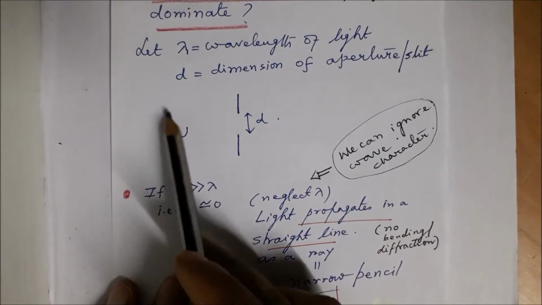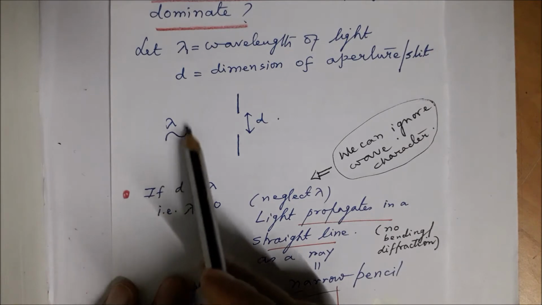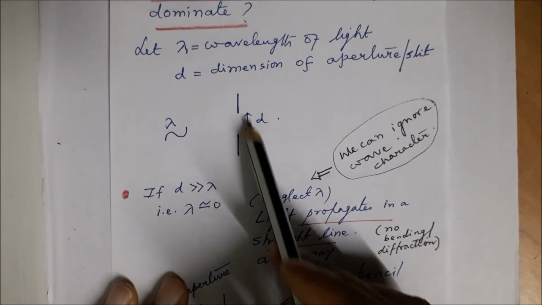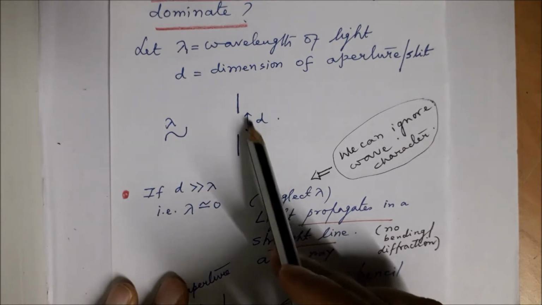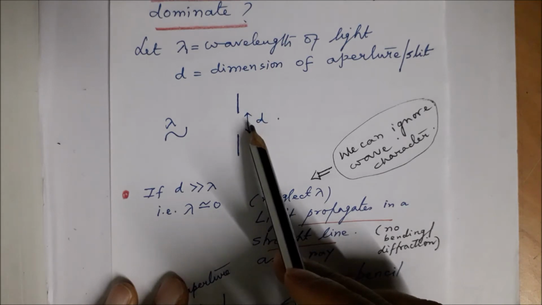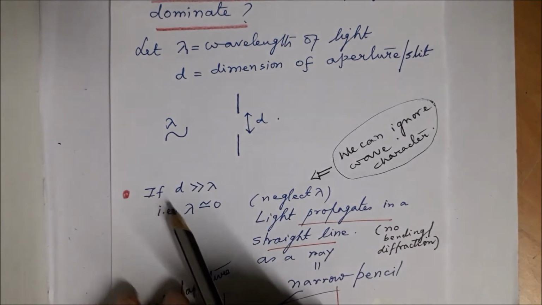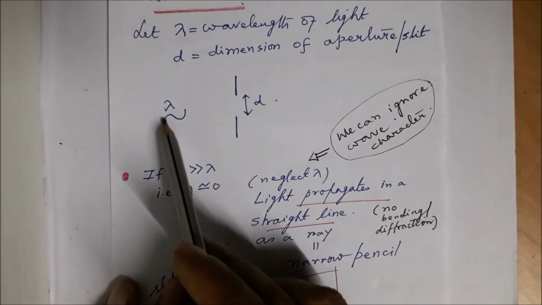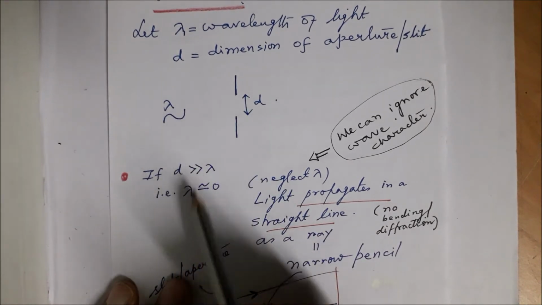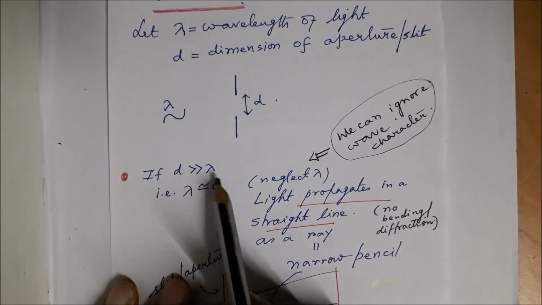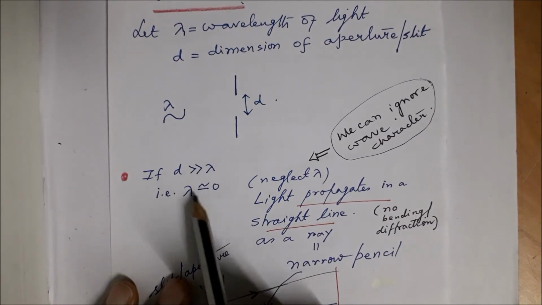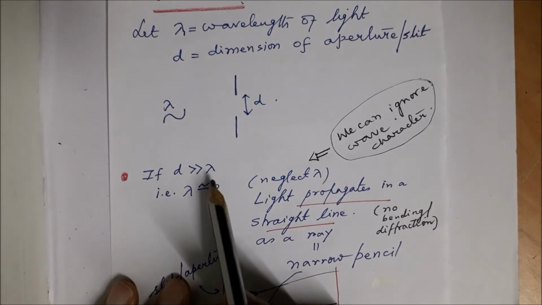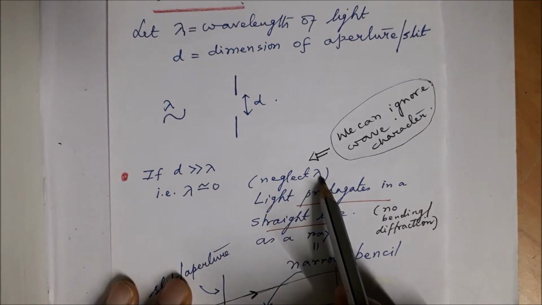So this is the wavelength of light, and this is suppose the aperture or the size of the slit. Now let us consider the case when this d is much larger than lambda. So in that situation, lambda being small, lambda is nearly equal to 0, so we can neglect lambda.